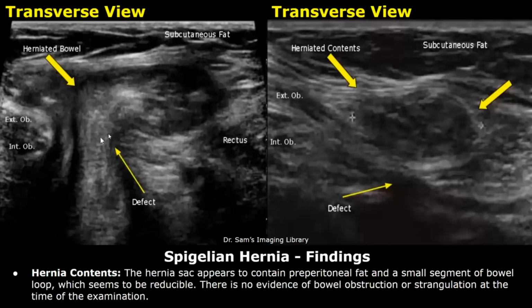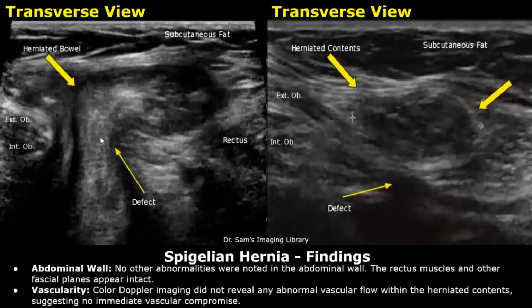Hernia contents. The hernia sac appears to contain preperitoneal fat and a small segment of bowel loop, which seems to be reducible. There is no evidence of bowel obstruction or strangulation at the time of the examination. In the abdominal wall, no other abnormalities were noted.